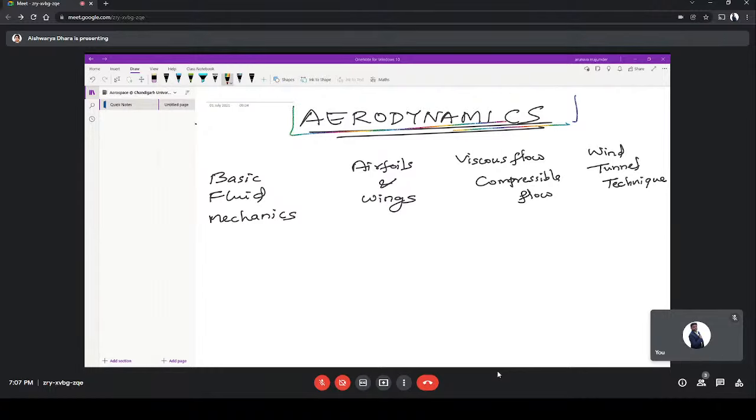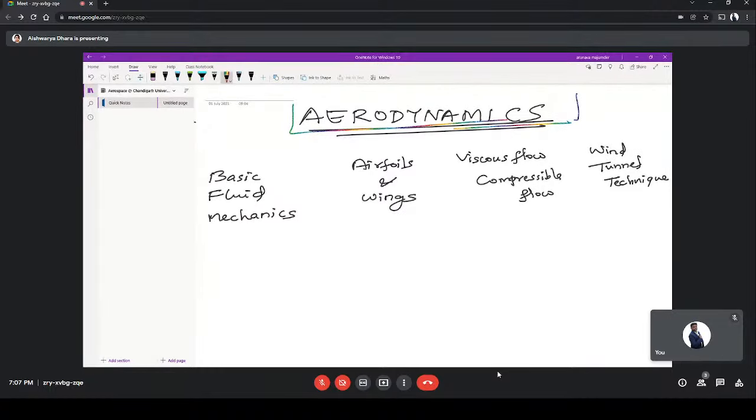Next is how you can prepare yourself. This particular topic is very important, the core or heart of aerodynamics. First of all, you have to understand the different types of fluid flow.